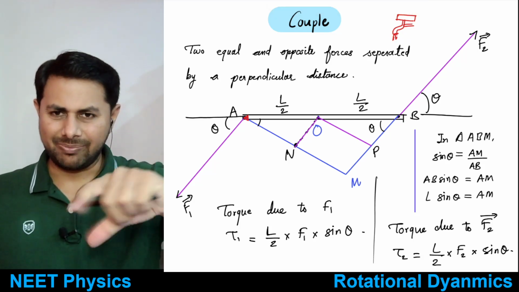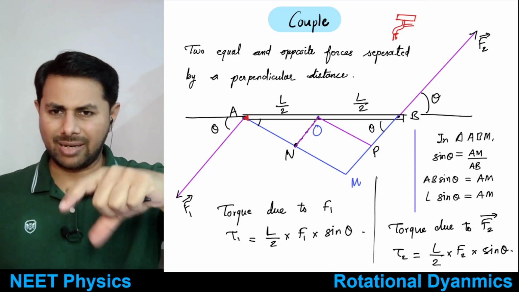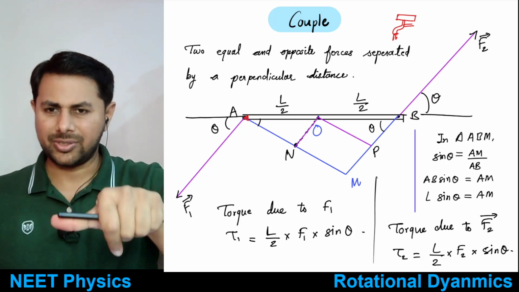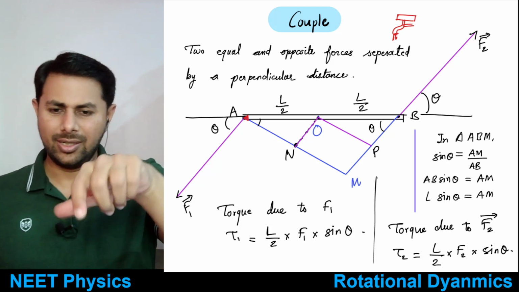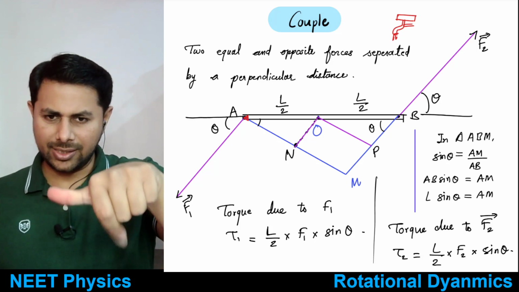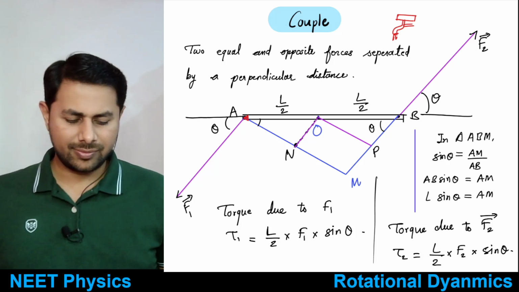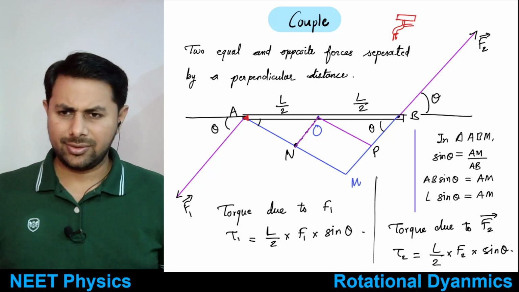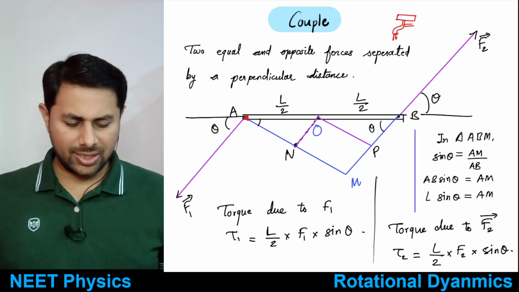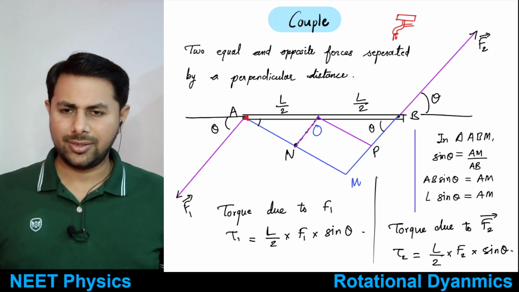And to open the tap, or to close the tap, again you need to apply two forces like this. Two forces means you make use of two fingers. Okay, one you push in this direction, one you push in the other direction. So this is a couple. Okay, so these are some simple examples in our day-to-day life. Is this thing clear? Yes, no?